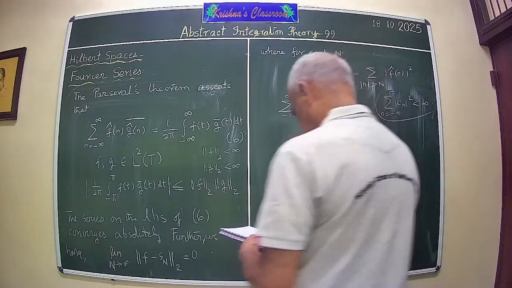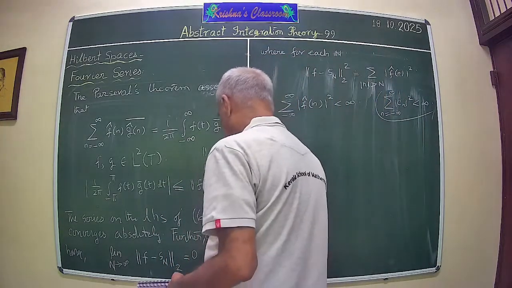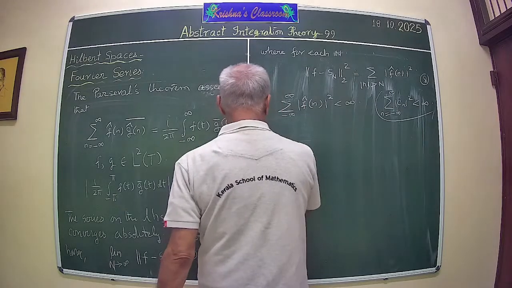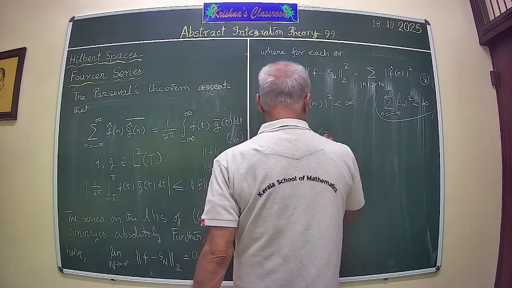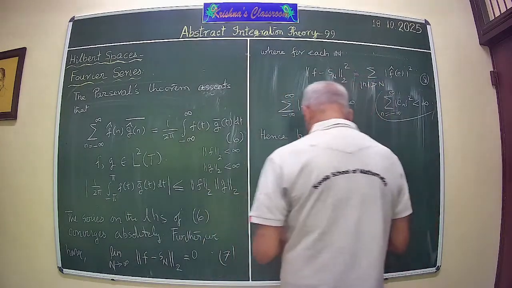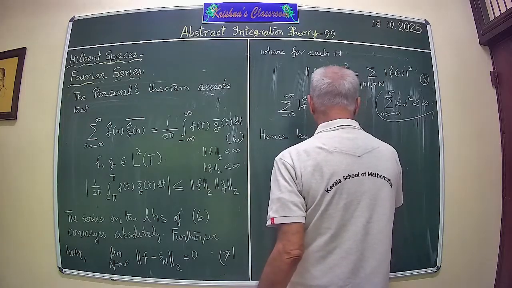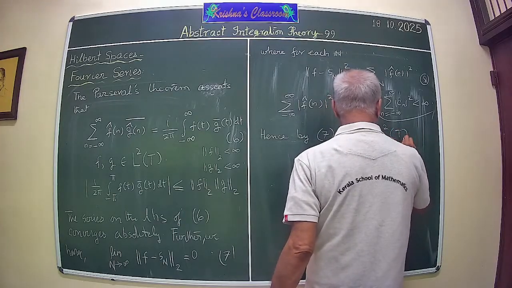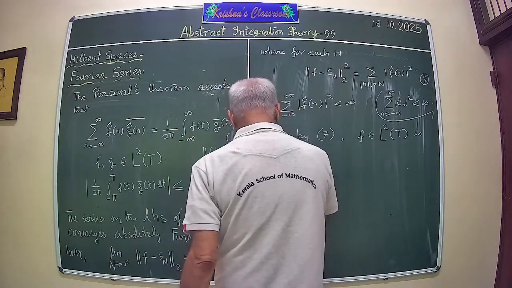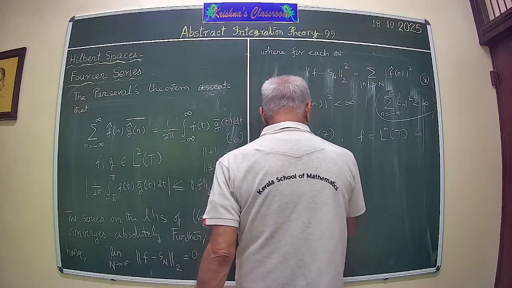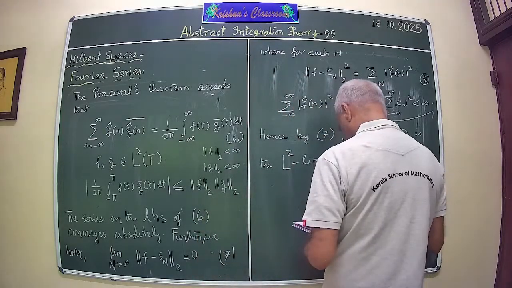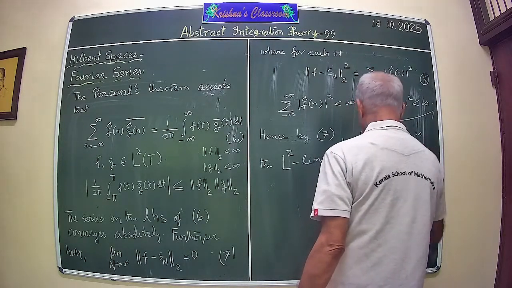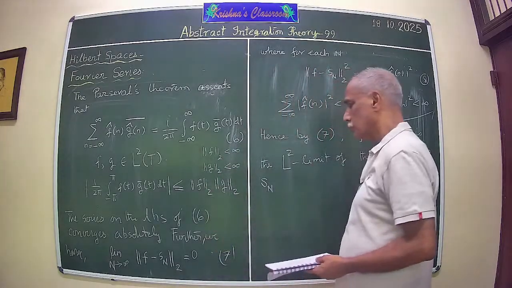Okay. So this we designate by 7. So it is by 7: f belonging to L2(T) is the L2 limit of the partial sums.